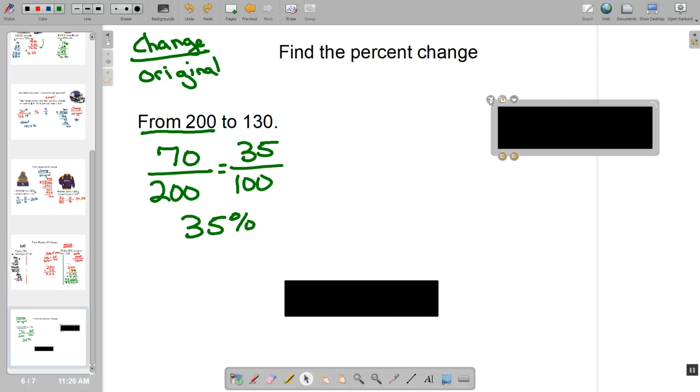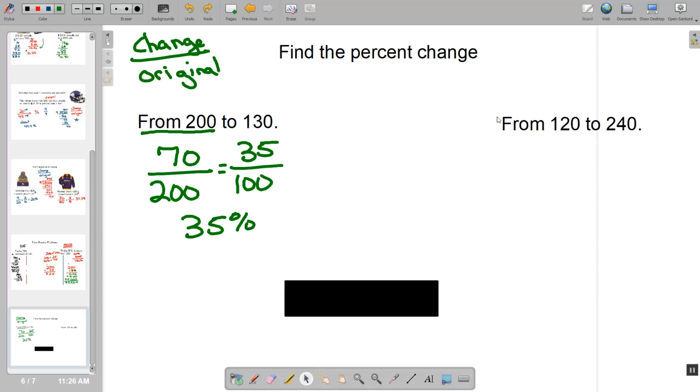Let's do one that's a little bit tougher. From 120 to 240 means from 240, subtracting 120 is 120, which means we have 120 over 120 as our fraction.